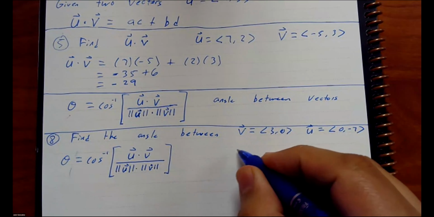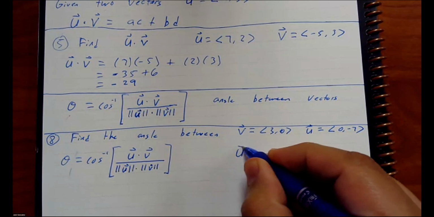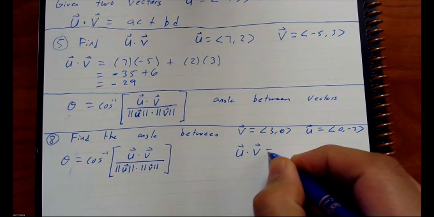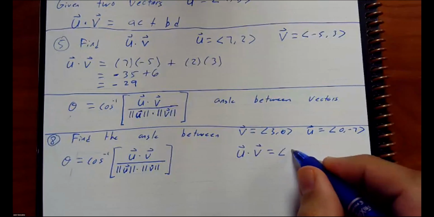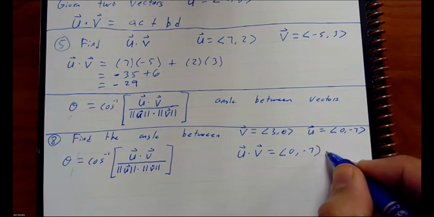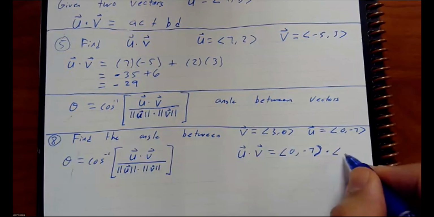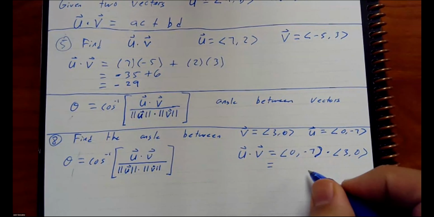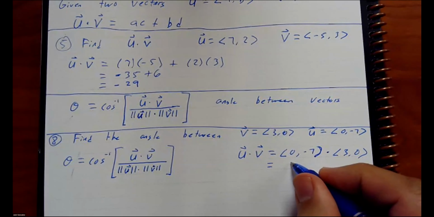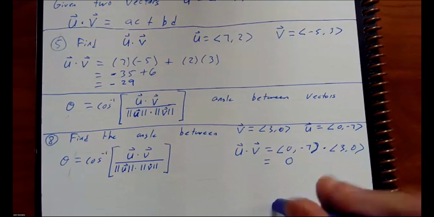So let's do that over here. So u dot v is equal to 0, -7 dot 3, 0, which will be 0. Let me show the work though.